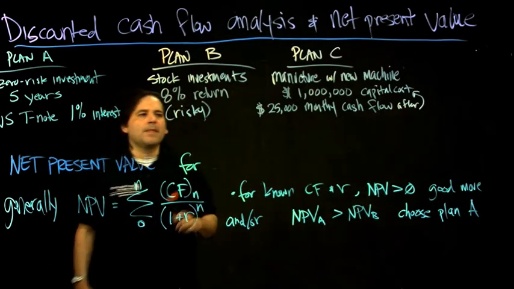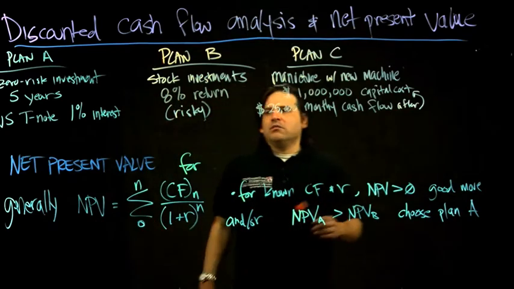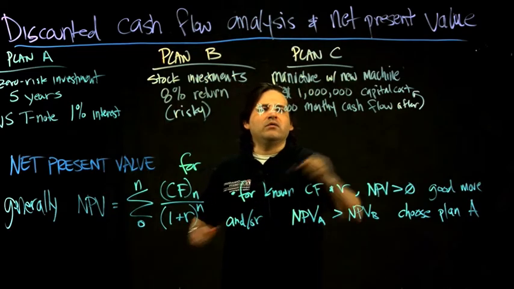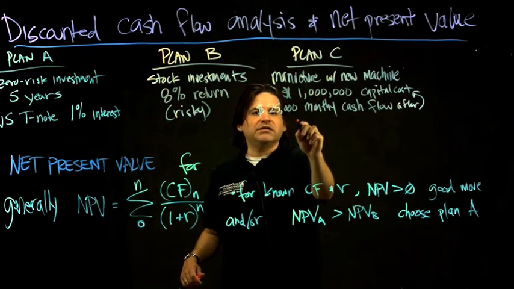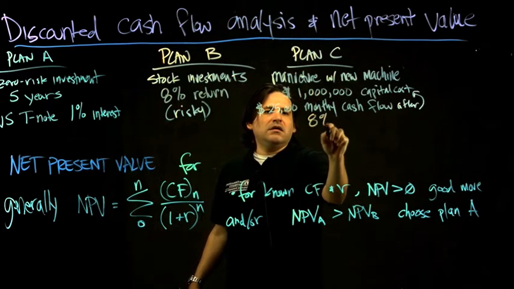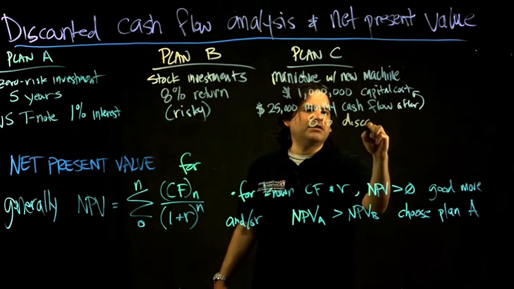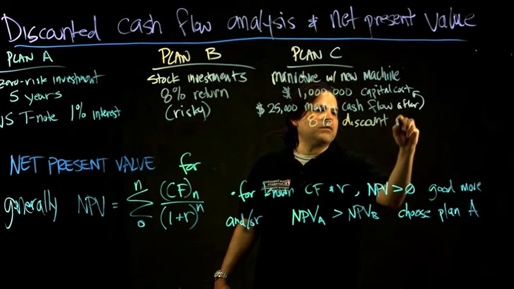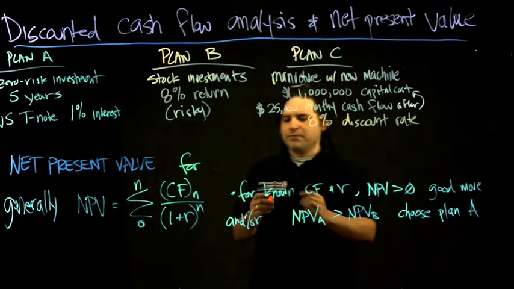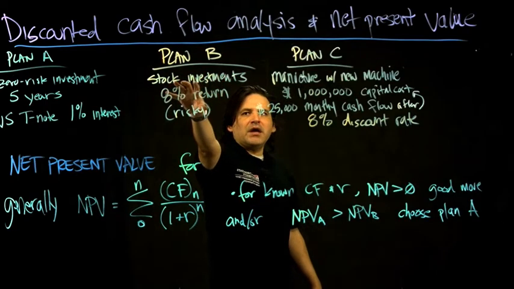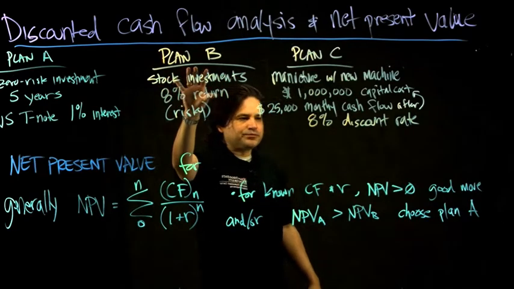So let's start with the most straightforward one. We have everything we need here. Oh, and I didn't mention that this is also risky, so let's also apply an 8% discount rate to this option C, because it's going to be comparable to the stock market trade.